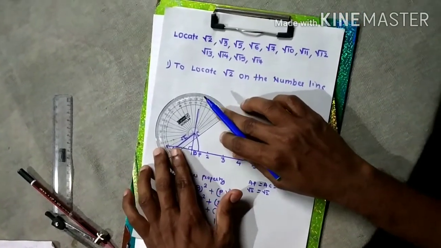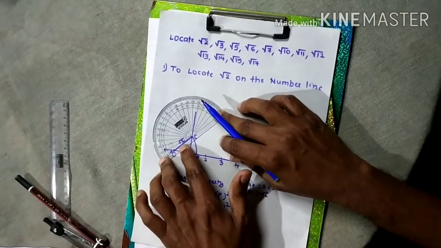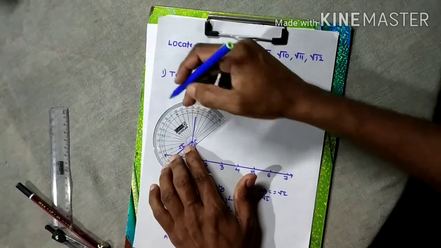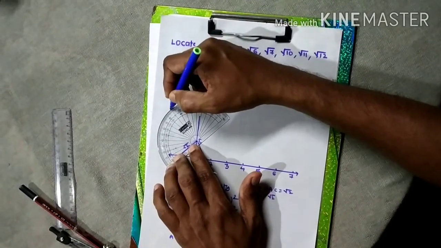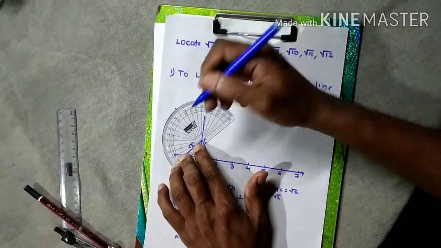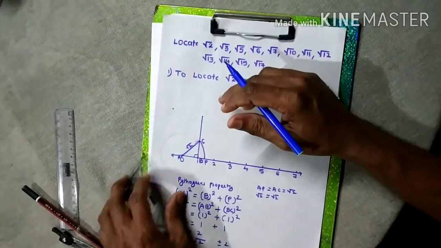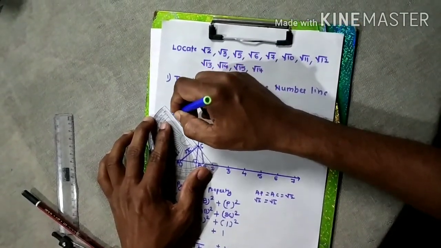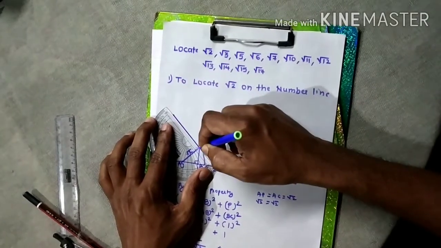Like this we have to keep this protractor on this line, and we have to draw a perpendicular here. Then we have to draw one line here like this.